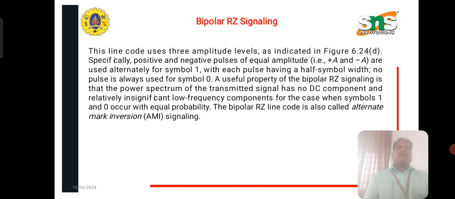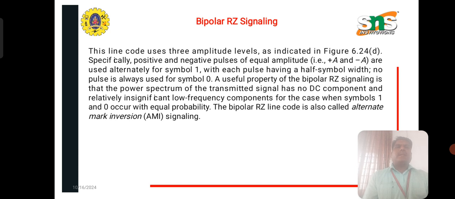Then bipolar RZ signaling. This line code uses 3 amplitude levels as indicated in the next figure. Specifically, positive and negative pulses of equal amplitude plus A and minus A are used alternately for symbol 1, with each pulse having half symbol width. No pulse is always used for symbol 0.